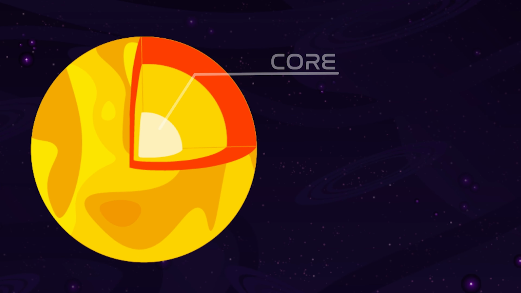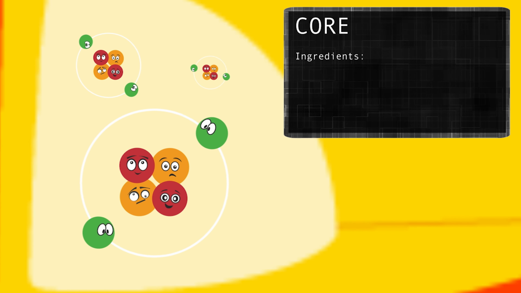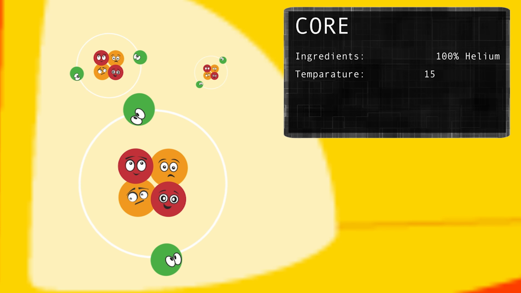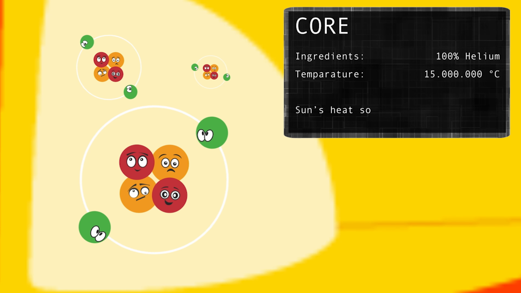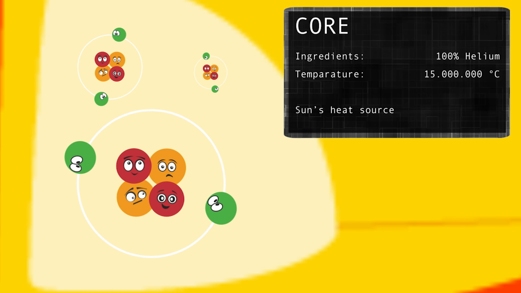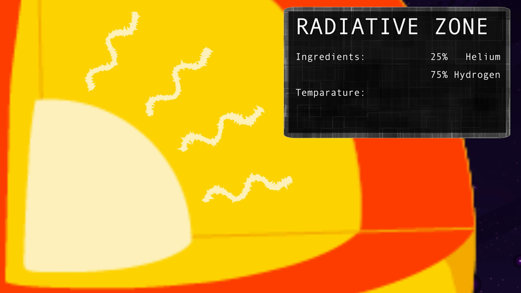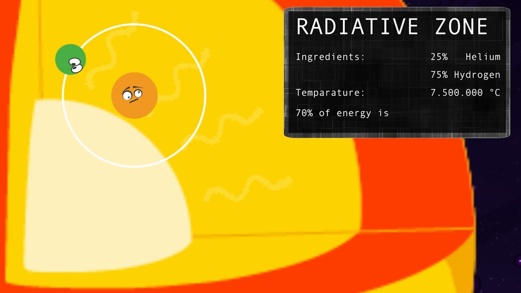The most inner layer is what we call the core of the star. The core consists of pure helium atoms. With a temperature of 15 million degrees Celsius, it's the source of the Sun's heat. Outside the core, 70% of all the heat is radiating out towards the outer layers.